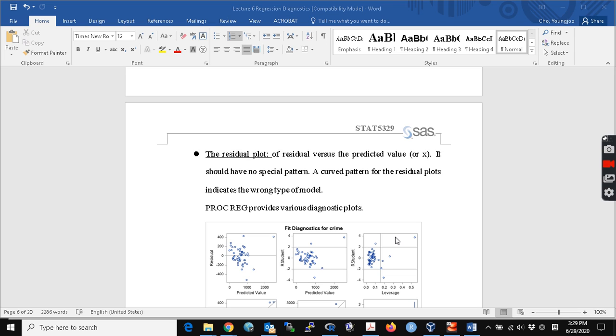If there's a pattern, then our model has a problem, because there is a part missing in the model to explain the variability.